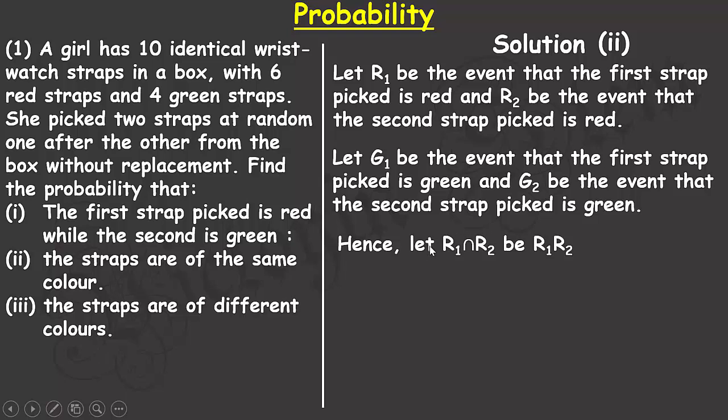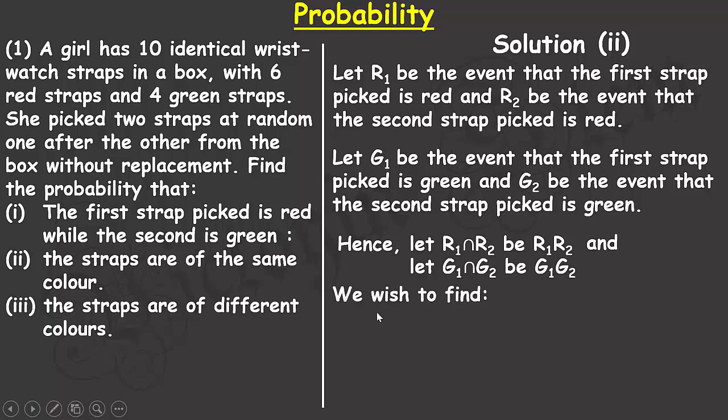I'm just keeping it simple: instead of writing R1 intersection R2, I'll just write R1 R2, meaning the first strap picked by the girl is red and the second strap picked by the girl is red. The other possibility is that the first strap picked is green and the second strap picked is green, which is G1 G2.